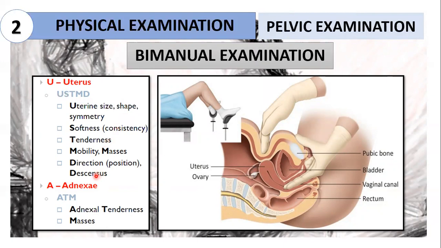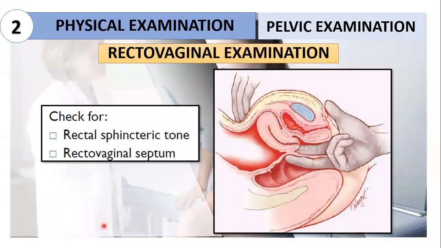As for the adnexae, it's ATM. We ask the patient for any adnexal tenderness, the adnexae, the ovary and the fallopian tube from left to right. And we also palpate for the masses. And lastly, we have the rectovaginal exam.